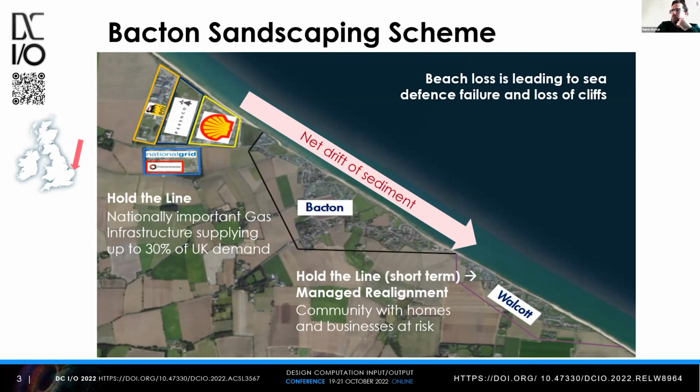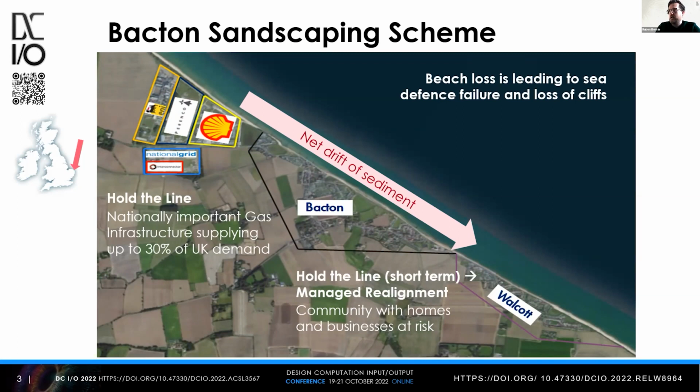Now, the gas terminal, of course, was looking for a solution to this threat, to prevent the gas terminal from being impacted by coastal change. And the obvious solution would be a solution made of hard rock, placed in front of the terminal to limit the impact on the cliffs.